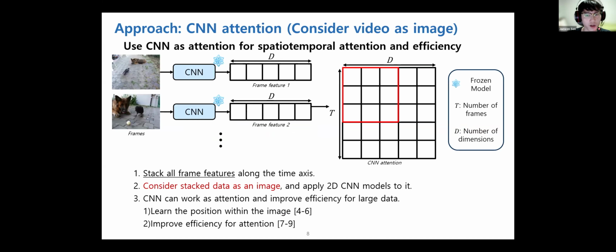And then we regard this data as an image and apply 2D CNN models to it. By applying CNN models, we can calculate spatial temporal attention and reduce costs. There are two motivations for it. First, CNN models learn position information within images. Second, CNN improves efficiency for attention models.